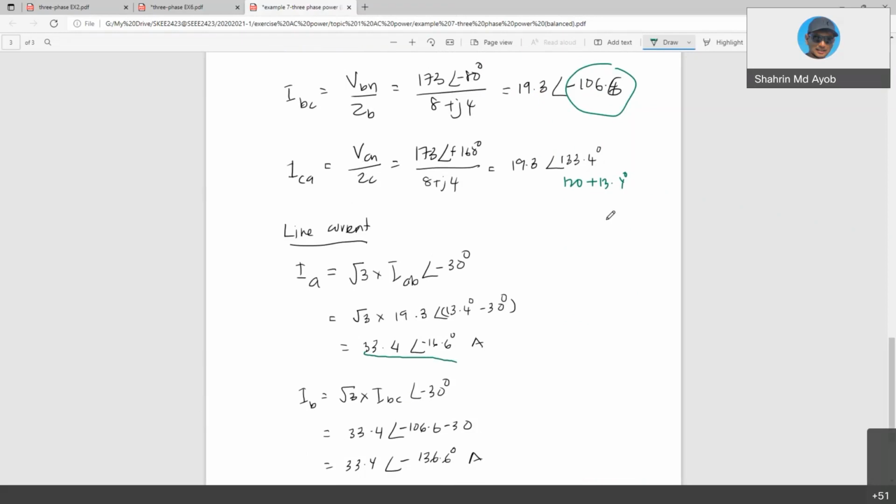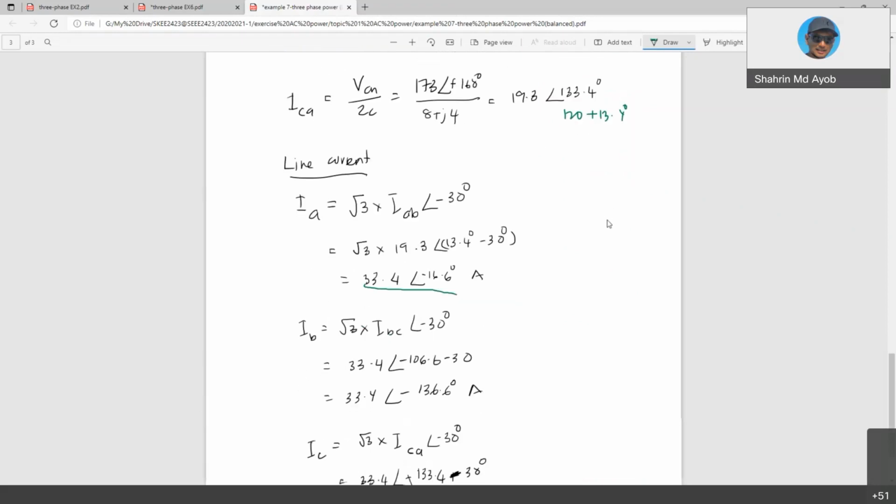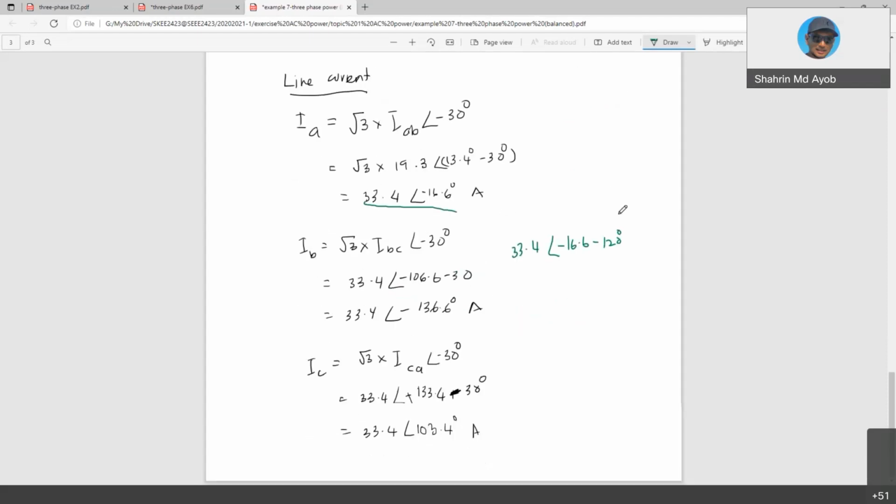And then for IB, since this is a balanced system, the value is still the same, but for the angle, you need to minus 120 degrees from negative 16.6. Because between IA, IB, and IC, there will always be a displacement angle of 120 degrees.